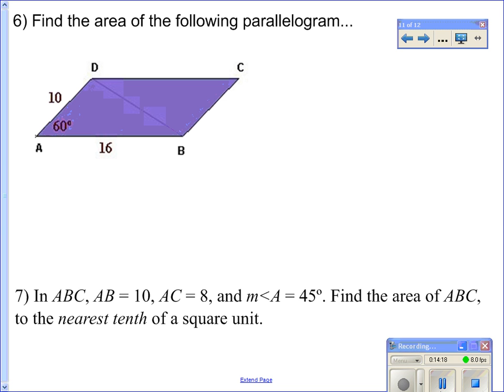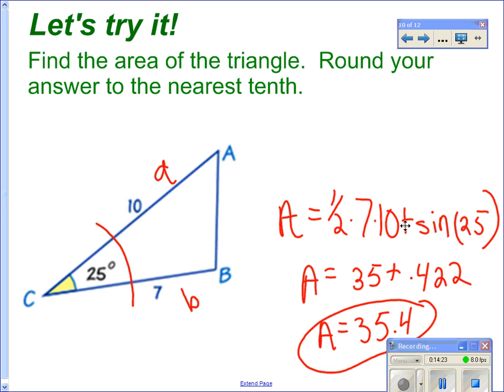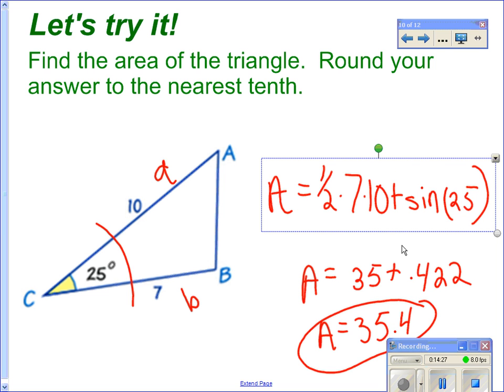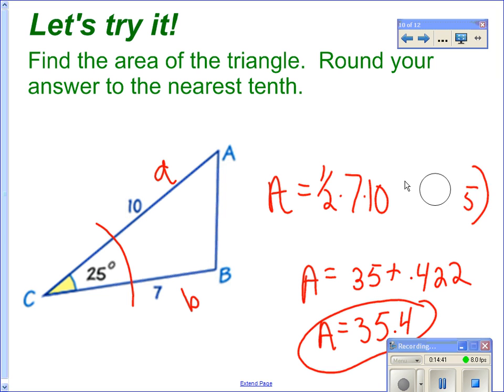Okay, you guys, I actually realized I made a mistake. This should not say plus. We just wanted to say times the sine of C. Let me recalculate this. Sorry about that.